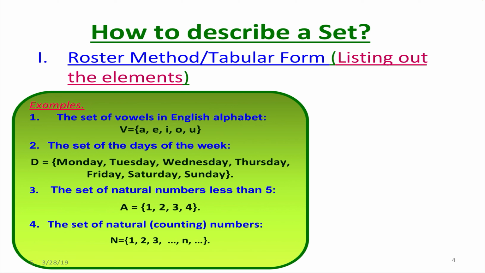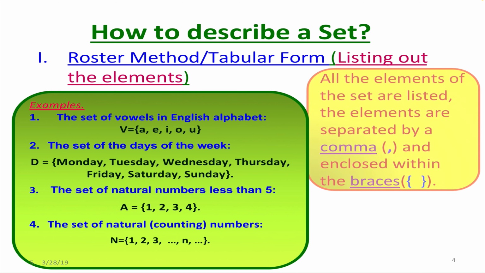The second example, the set of the days of the week, so set D, containing the elements Monday, Tuesday, Wednesday, all the way to Sunday. Number 3, the set of natural numbers less than 5, so A has the elements 1, 2, 3, 4. Number 4, the set of natural or counting numbers, so the capital N has the following elements 1, 2, 3, and so on.